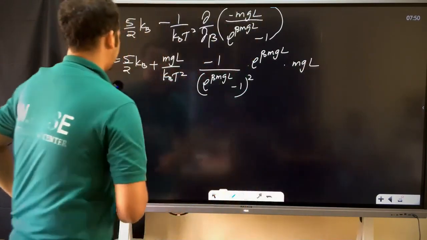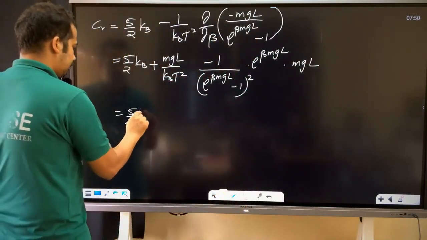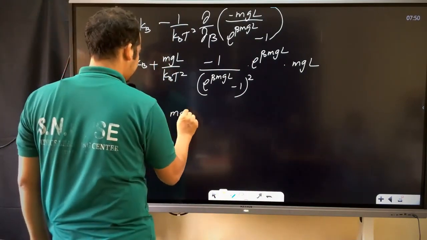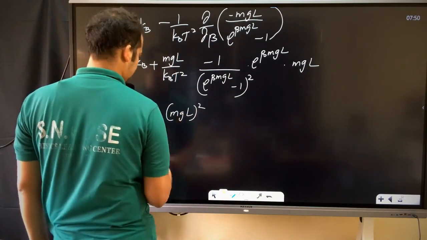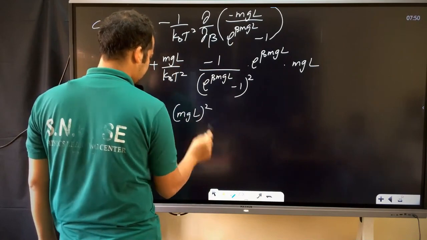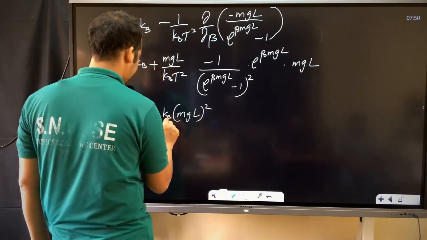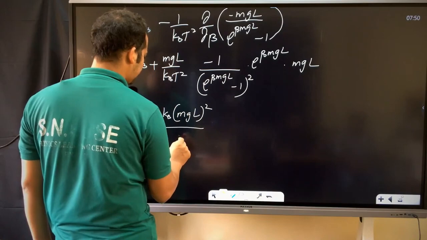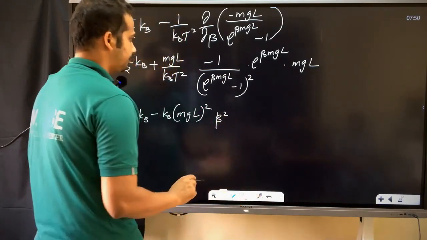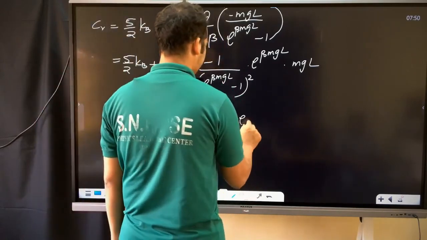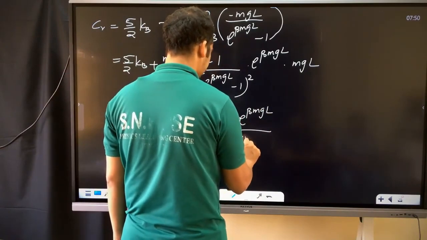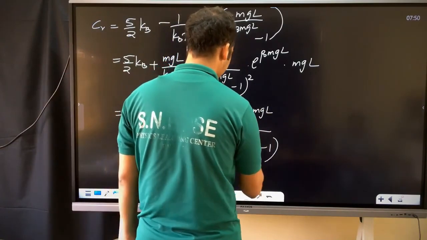So that is equal to 5 by 2 kB minus mgL whole square. I will balance that kB here somehow, so that I can write kBT the whole square, which is nothing but beta square, so e power beta mgL whole divided by e power beta mgL minus 1 the whole square.